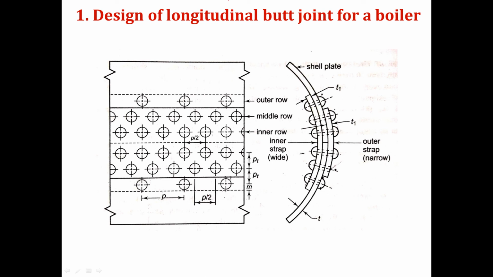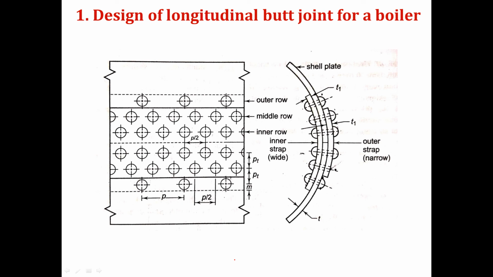We are designing the longitudinal butt joint for a boiler. Designing means we are finding out the different dimensions of this joint. That means what is the value of thickness T, what is the value of T1, what is the value of M, what is the value of P, what is the value of PT, and so on.